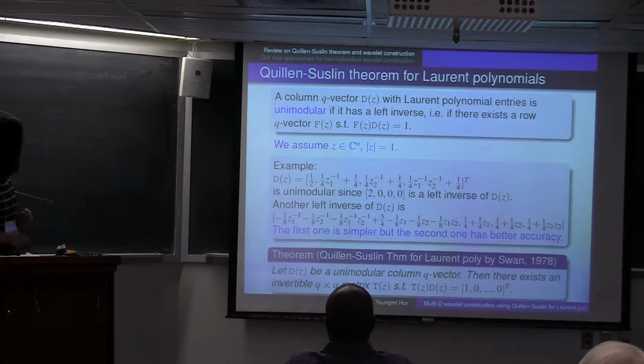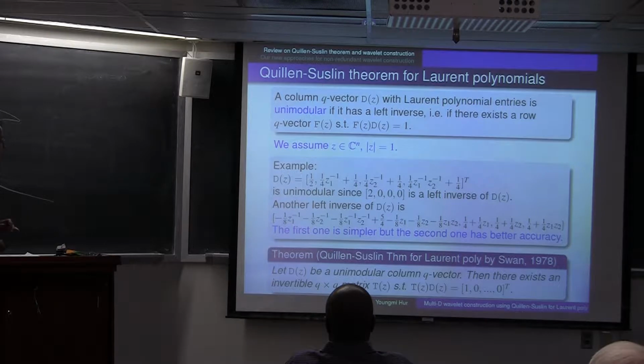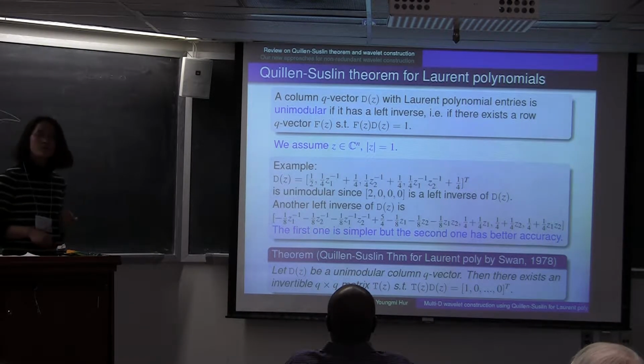Now, here's the Quillen-Suslin theorem for Laurent polynomials. If d of z is a unimodular column vector consisting of Laurent polynomial entries, then there exists an invertible matrix D of z consisting of Laurent polynomial entries such that this is true. This is the Quillen-Suslin theorem for Laurent polynomials because I'm emphasizing that the vector and the matrices consist of Laurent polynomials.